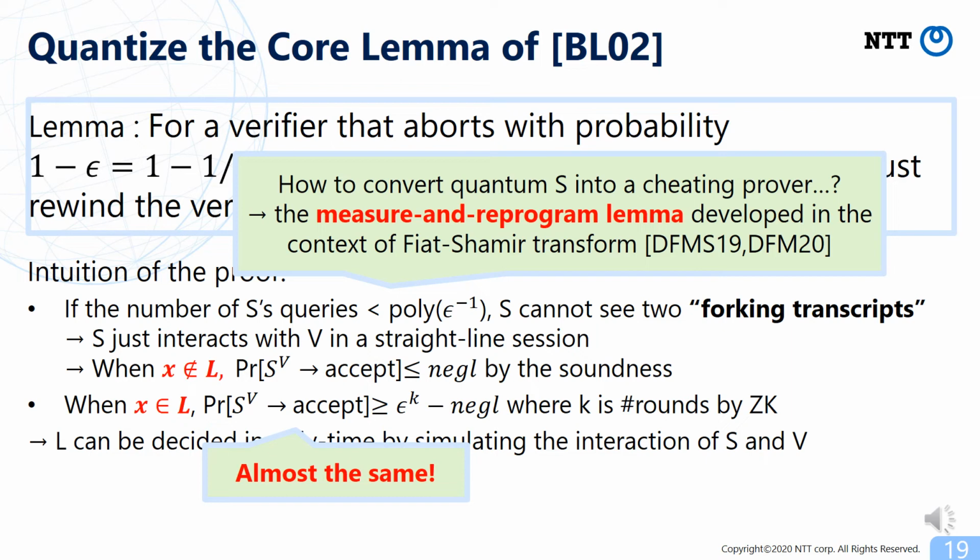To resolve this problem, we rely on the measure and reprogram lemma developed in the context of the Fiat-Shamir transform in the quantum random oracle model. Very roughly speaking, this lemma means that even if we randomly measure a constant number of random queries of the simulator, its success probability decreases only by a polynomial factor.